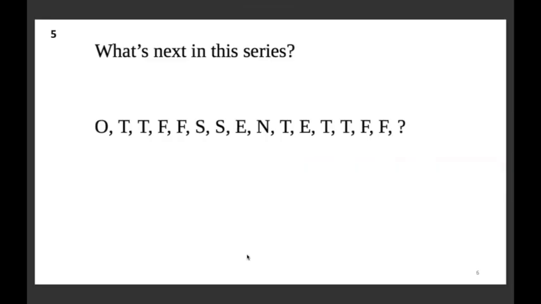What's next in this series? Okay. So if you observe the series very carefully, on one side it appears a little bit random. There's some logic also. Like 1, 2, 3, 4, 5, 6, 7, 8, 9, 10, 11, 12, 13, 14, 15, and here will come 16.